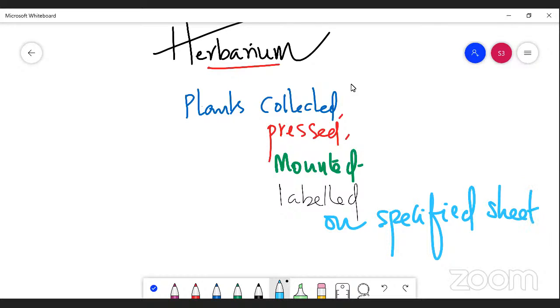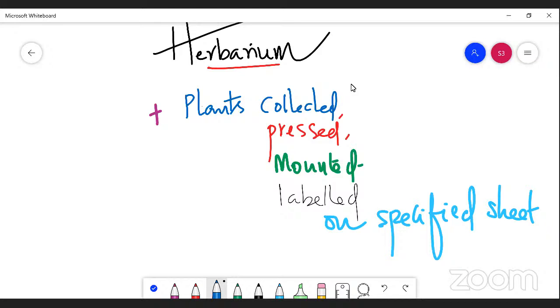That is called a herbarium. That is the first definition of herbarium.